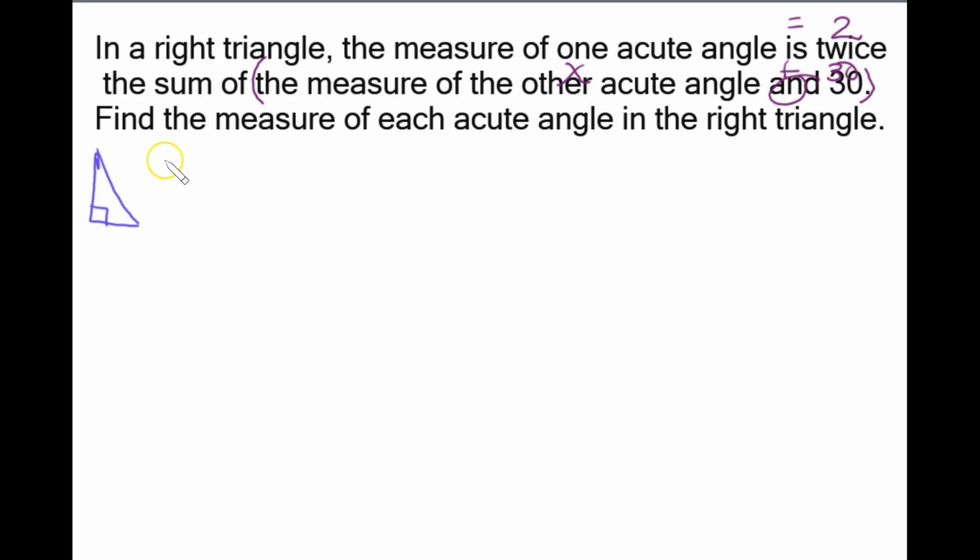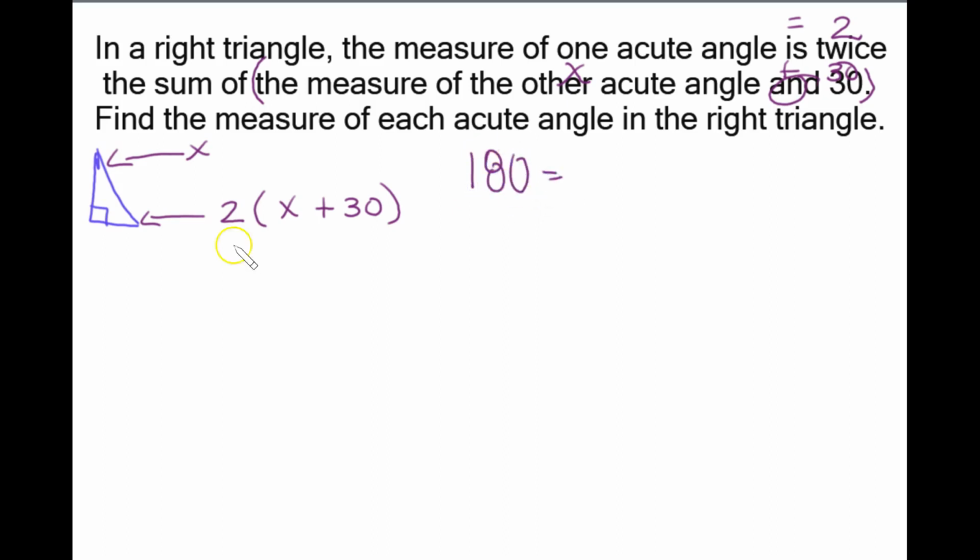All right, so if we say this one is x, then we said that this one was 2 times the sum of the other measure and 30. All right. So now let's set this up. We know that all triangles equal 180 degrees.